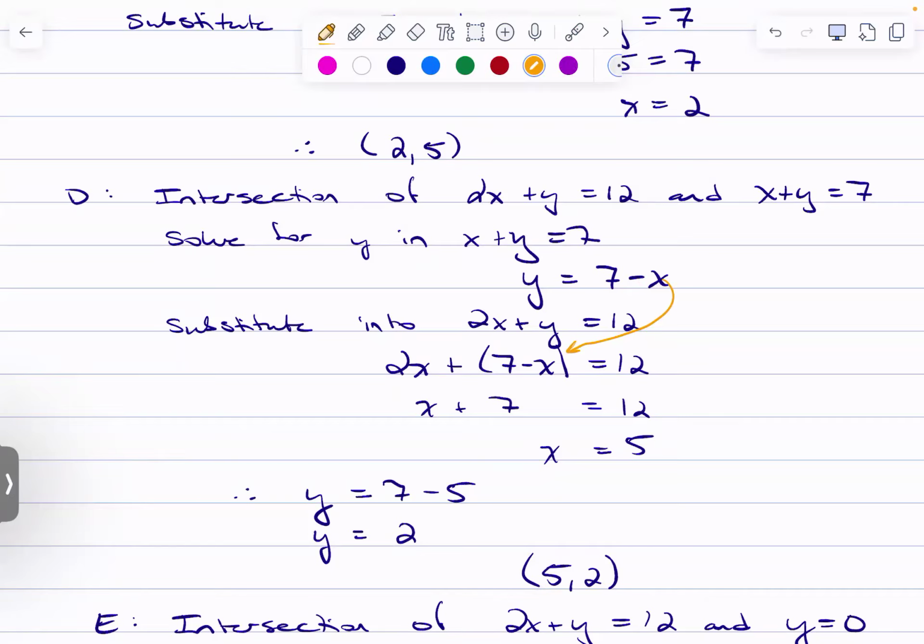So 2x plus 7 minus x puts me at 2x minus x, which is x, and then plus 7 is equal to 12. And you need both of those formulas, I guess. The equations? You need both of them because both of those equations cross each other, right? Yeah, so you want to pick the ones that create the intersection. And so that's why they're different depending on the intersection. So basically you moved x into 2x and subtracted it from it. Yeah, totally. Exactly. Nice. Good.